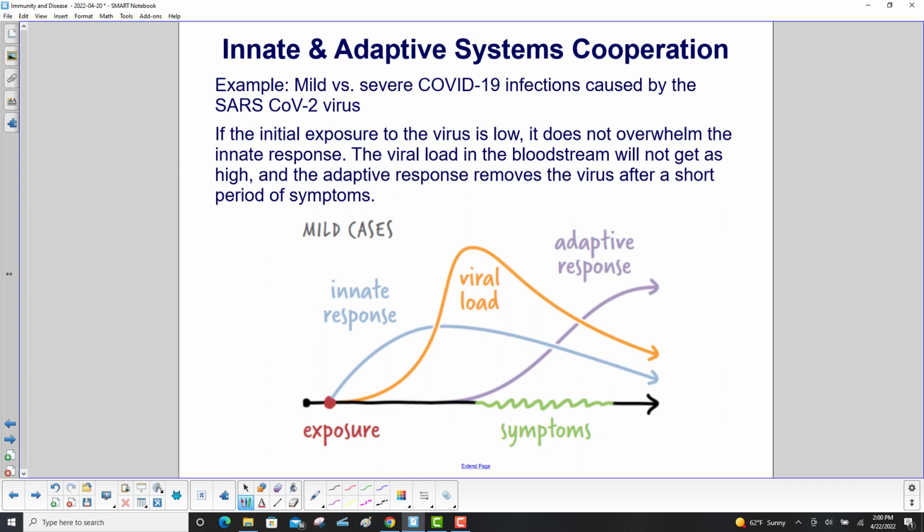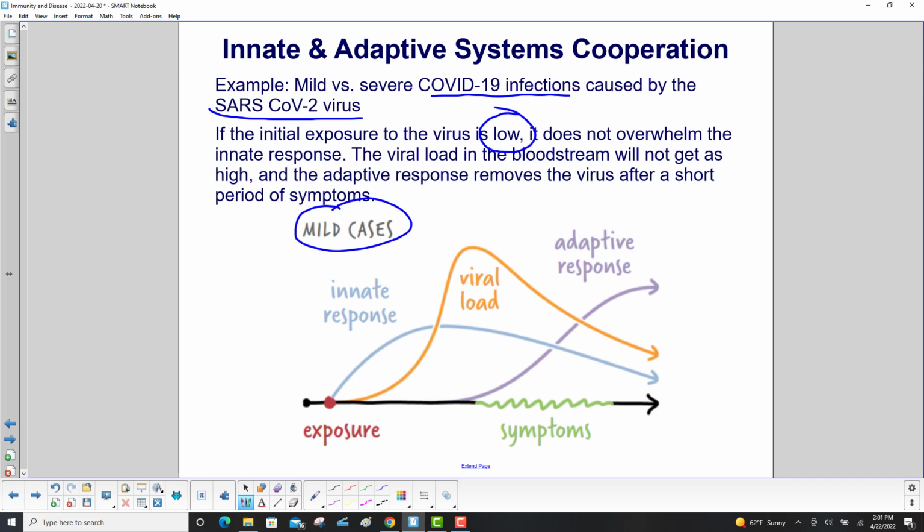Let's work an example where we talk about the cooperation between the 2 systems. We're going to start with a mild COVID-19 infection caused by the SARS-CoV-2 virus. If the initial exposure to the virus is low, it does not overwhelm the innate response.